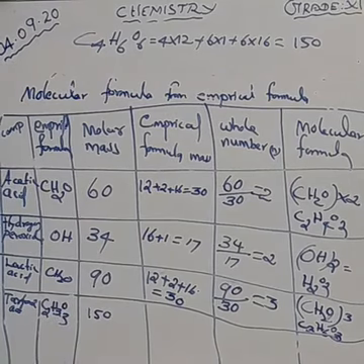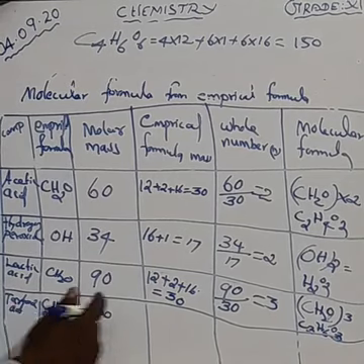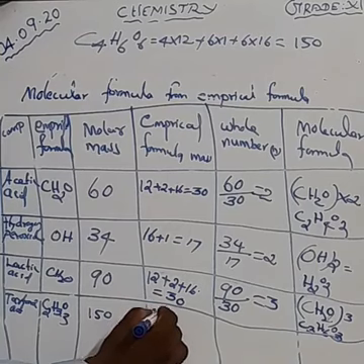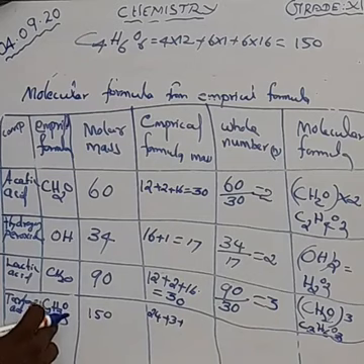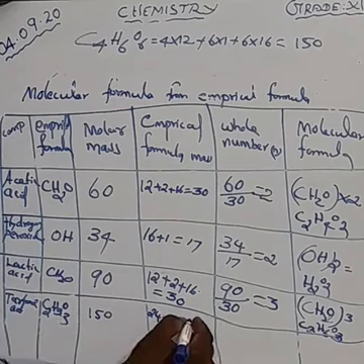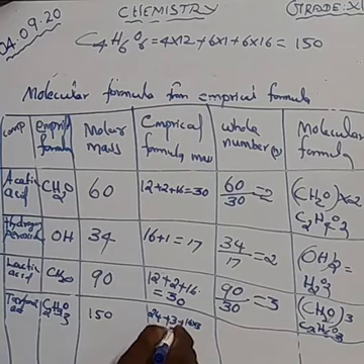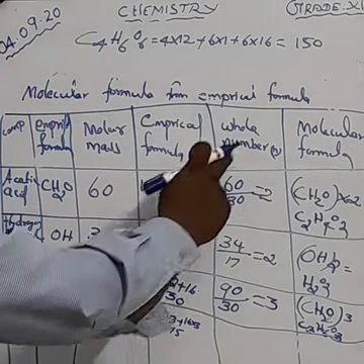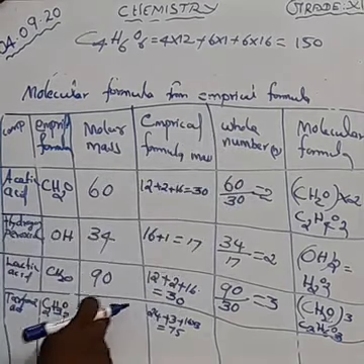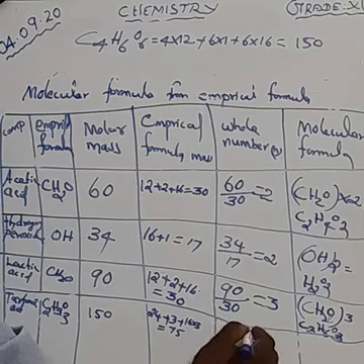Next about empirical formula for tartaric acid. Here, how will you find out how much carbon is there? 2 carbon. So 24 plus hydrogen 3 plus oxygen 16 into 3, approximately equal to 75. Clear? Then, how will you find out the whole number? That is molar mass divided by empirical formula mass. 150 divided by 75 equal to 2.